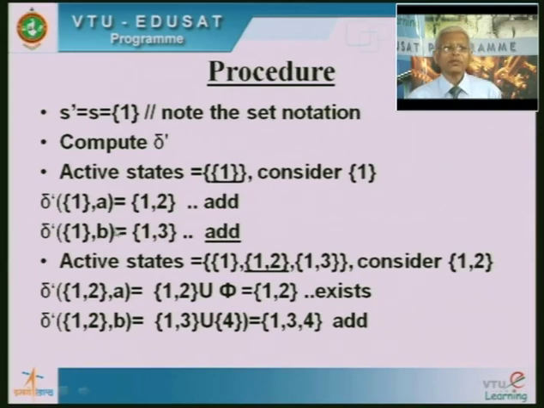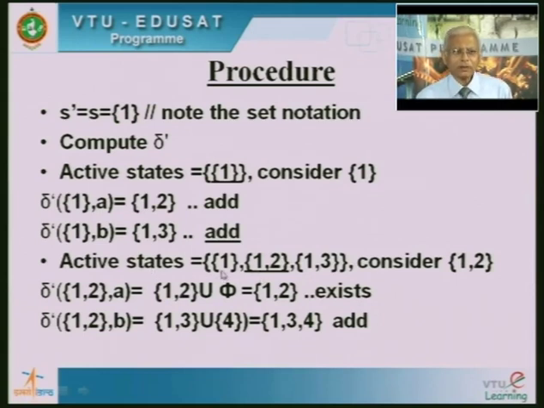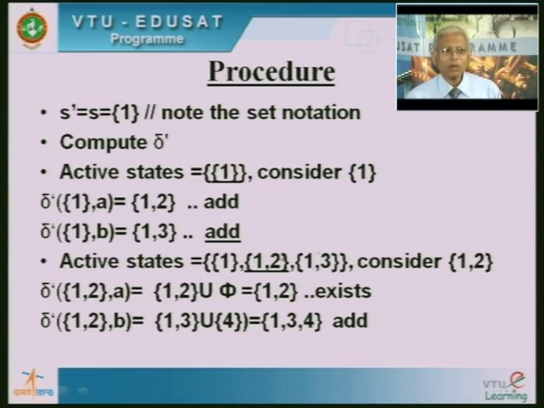These two states were not there in the active states, so we need to add them. Active states should be updated. Now, 1 is there, 1 2 is there, 1 3 is there. Sequentially you should consider all the active states and look at their transitions, because they are going to be finally there in the deterministic machine. Therefore, you must consider all the transitions for any of these active states.